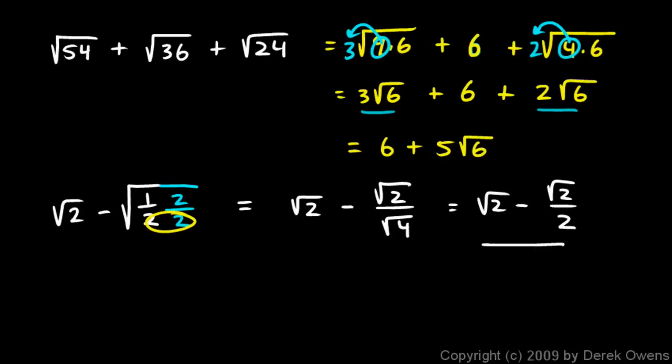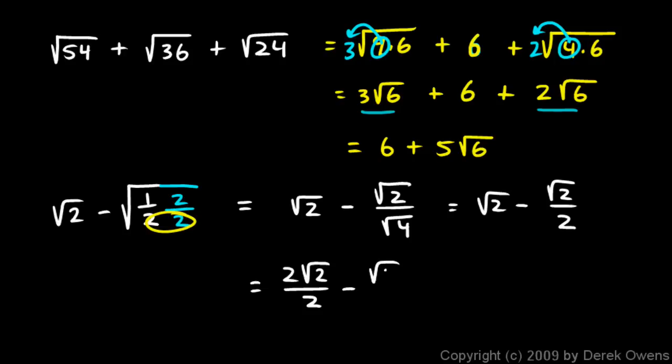And it turns out that these two can be combined. I'm going to take this first term here, square root of 2, and I'm going to write it like this. 2 root 2 over 2. You could see that I could cancel the 2's there, but I'm not trying to do that now. I'm trying to get both of these written with the same denominator. So let's leave this second term the same.